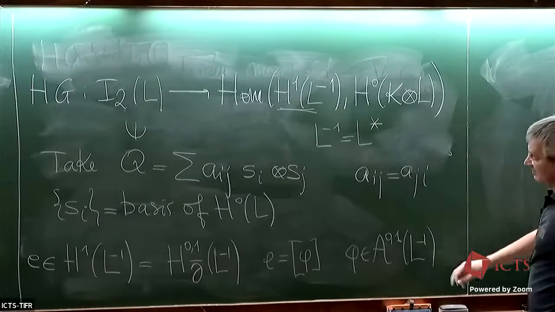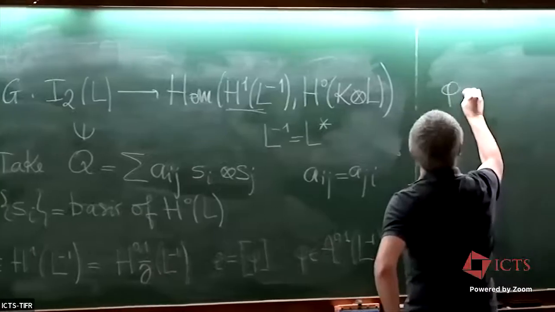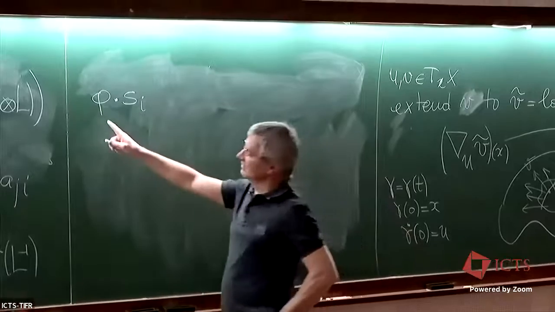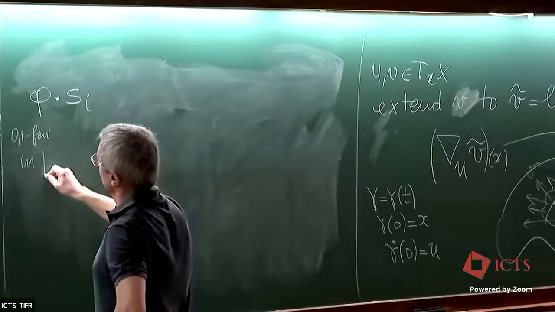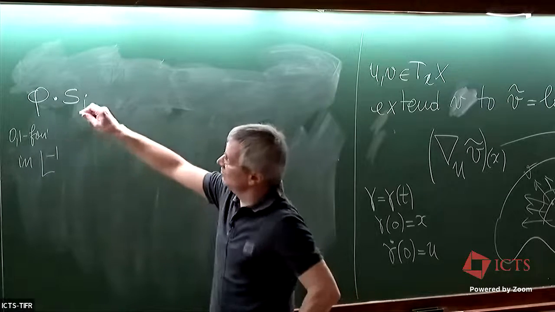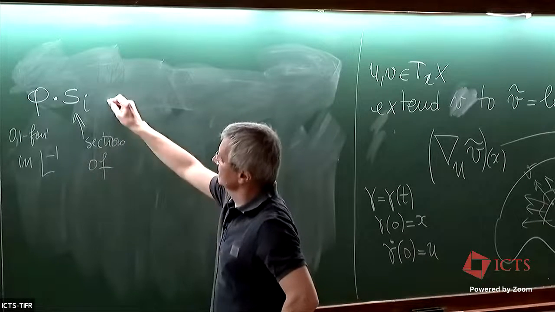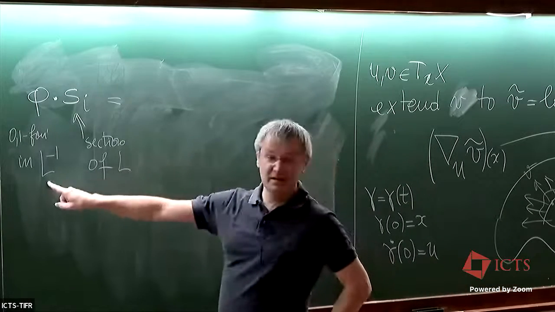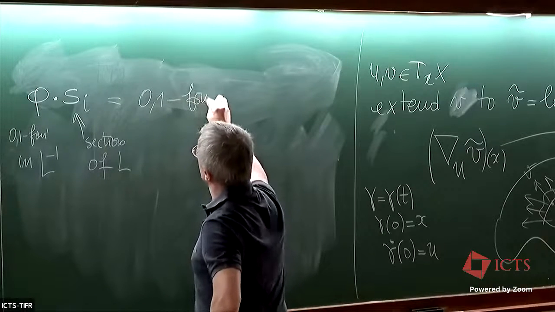Okay, now we use this phi and this basis and consider these products. Now, this is a 0-1 form with values in L-1, while this is a section of L. So this product means that we contract L and L-1, and what we get is a 1-0 form on the curve.